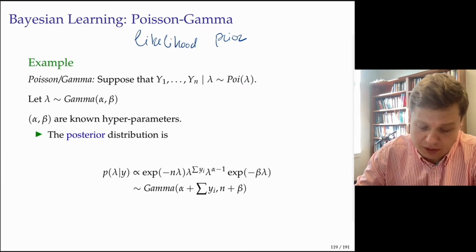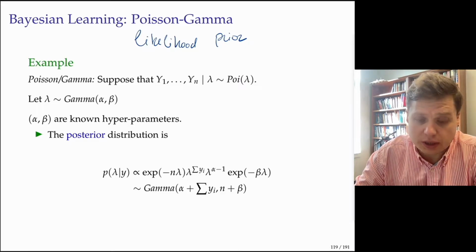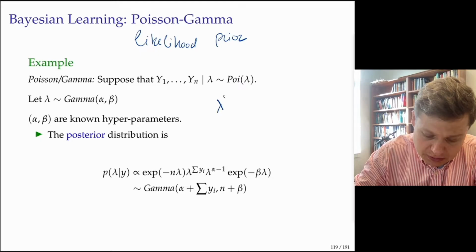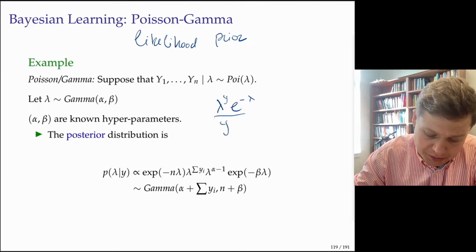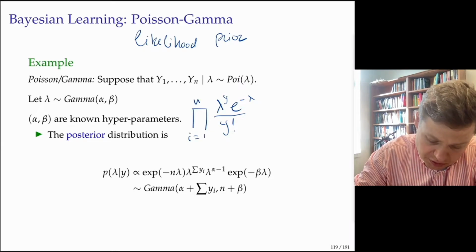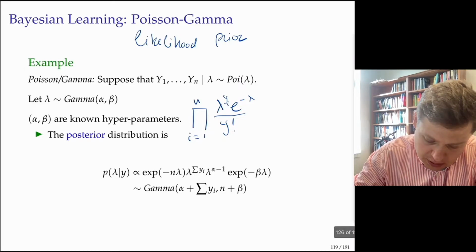So let's see, for the Poisson, you remember for a single sample, you have lambda raised to the power y, and then e to the power negative lambda divided by the y factorial. So now if you want to sum it up, or you have to actually take a product, i goes from 1 to n, so you're going to have yi here, yi here. So this is just a constant.